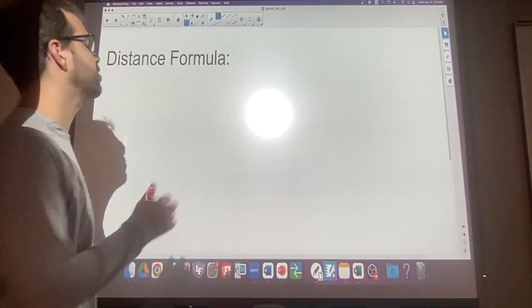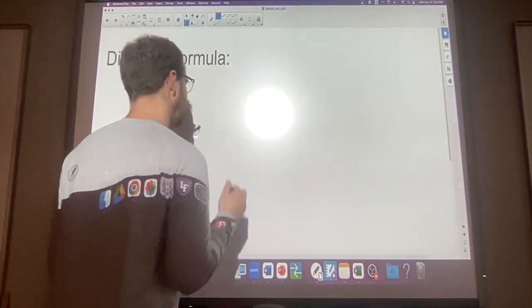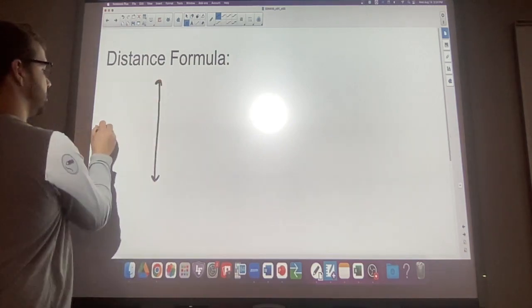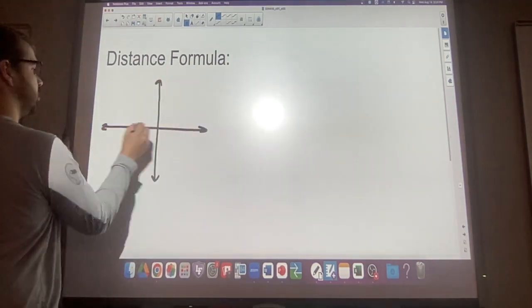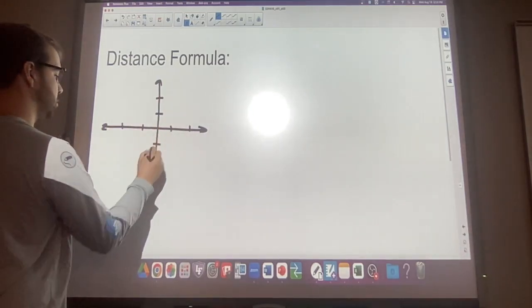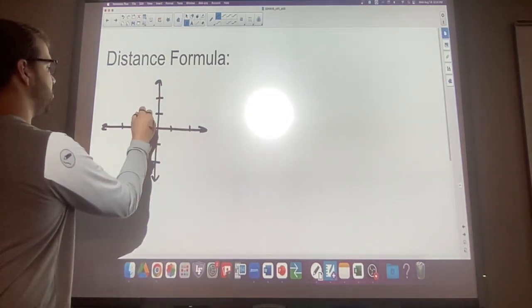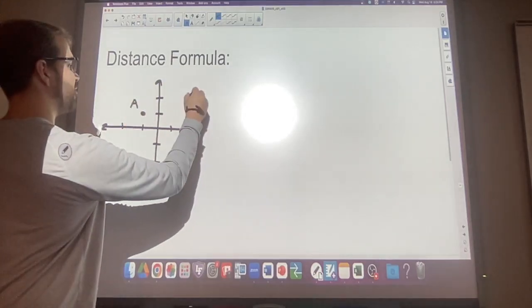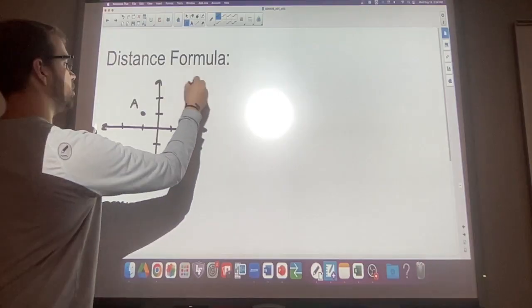Okay, bear with me, I know it's kind of a lot. So let's say we have a graph here. All right, and just make it kind of a simple graph. And let's say we have point A here and we have point E here.